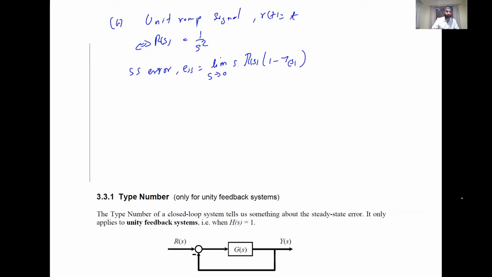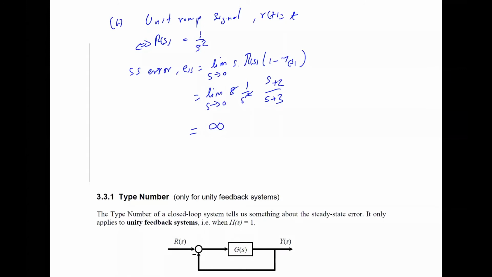So this portion 1 minus T(s) still remains the same, but now I end up having limit s tending towards 0, s times 1 over s squared, times (s plus 2) over (s plus 3). So one of the s in the denominator cancels with the s in the numerator, but now we can see that in this particular case, this limit approaches infinity.